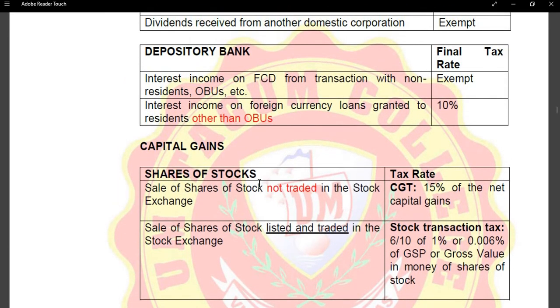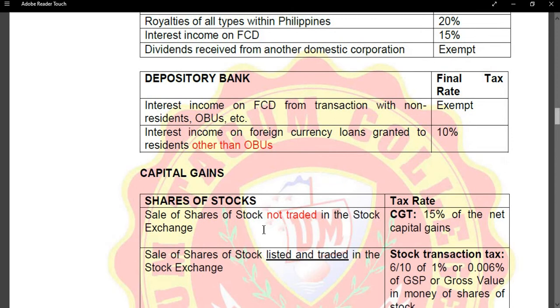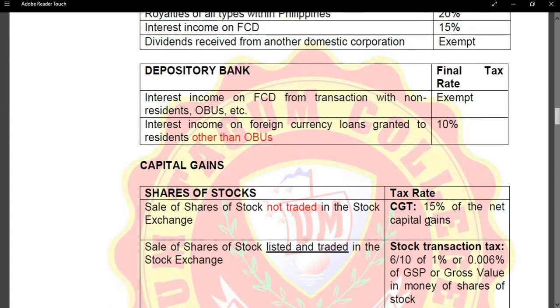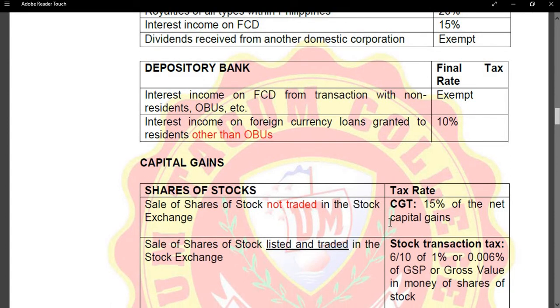Okay, for shares of stock, if the sale of shares of stock is not traded in the local stock exchange, then the capital gains tax is 15% of the net capital gains. So, there is still a formula on how to compute the capital gains. Okay? You multiply it by 15%, then that is the capital gains tax.